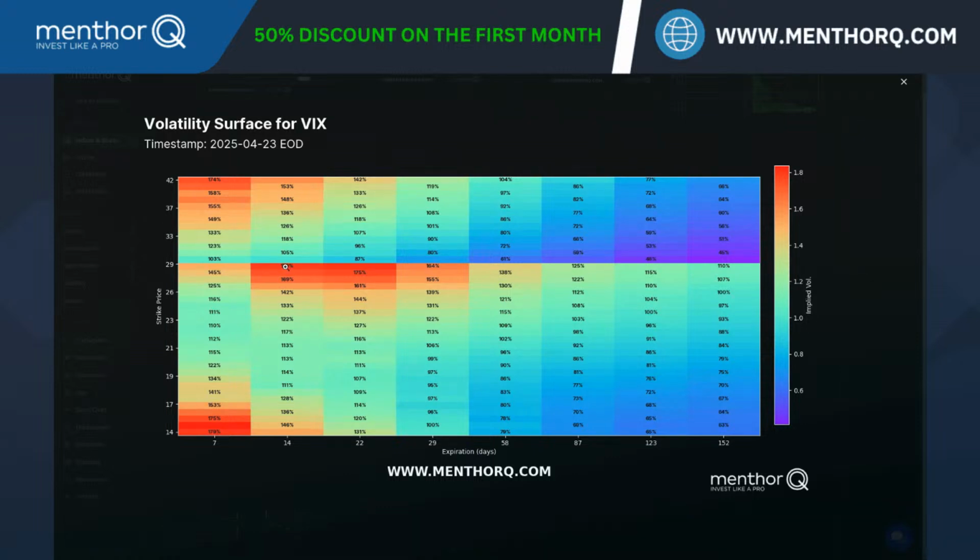Right now, I think VIX today was trading around 27 or 28. I don't know what spot VIX is now. But look at this from the May contract, and then just add 30 days to that. So that would be in the June contract, somewhere in here.